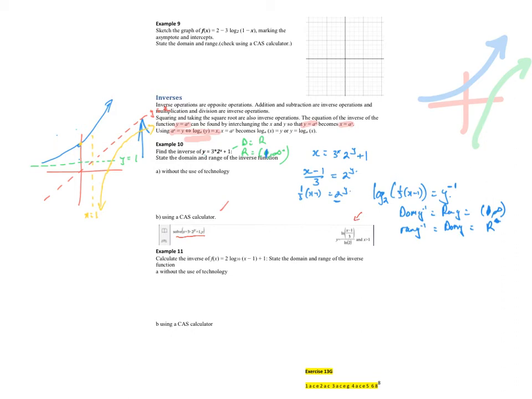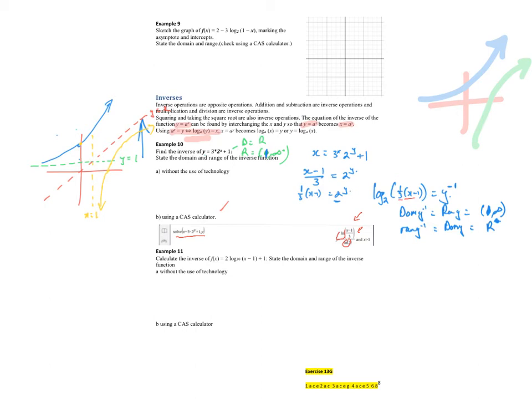We can see that the key features are the same. There's my x minus 1 on 3. We'll talk about what that ln is probably next year. All we need to be aware of at the moment is that they've just used a slightly different base. Okay? So we can do the same thing for example 11, calculate the inverse.